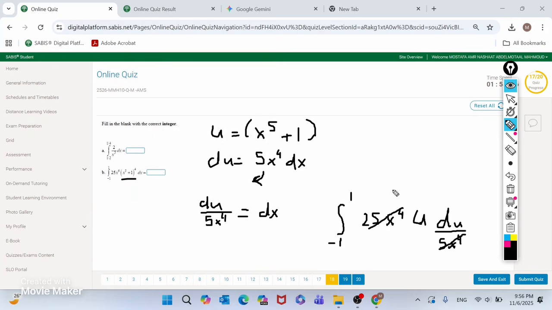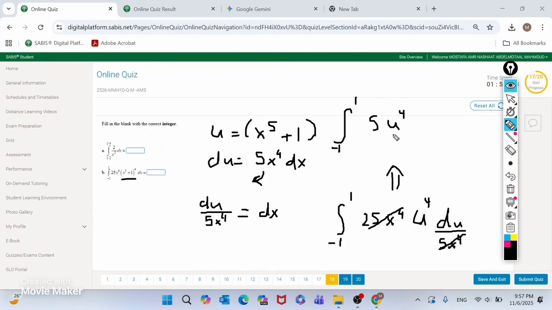I'll go up here because of the space. Okay, so now you're gonna be left with the integral from -1 to 1 of 5, because these two cancelled out, 5u to the power of 4. Guys, u here, when you're writing it in the integral, is to the power of 4.